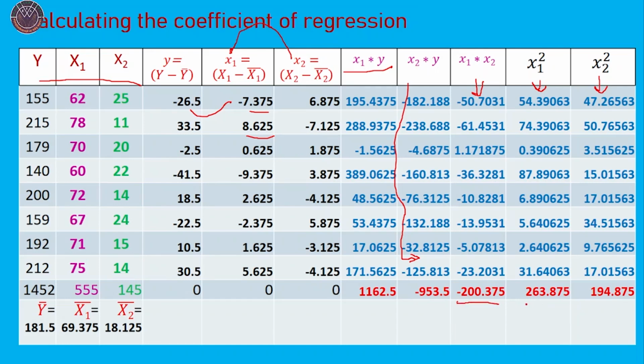Similarly, the summation of x1 square is 263.875, and the summation of x2 square is 194.875. All these values are required whenever we calculate beta 0, beta 1 and beta 2. Most specifically, we first calculate beta 1 and beta 2, and from that we calculate beta 0.